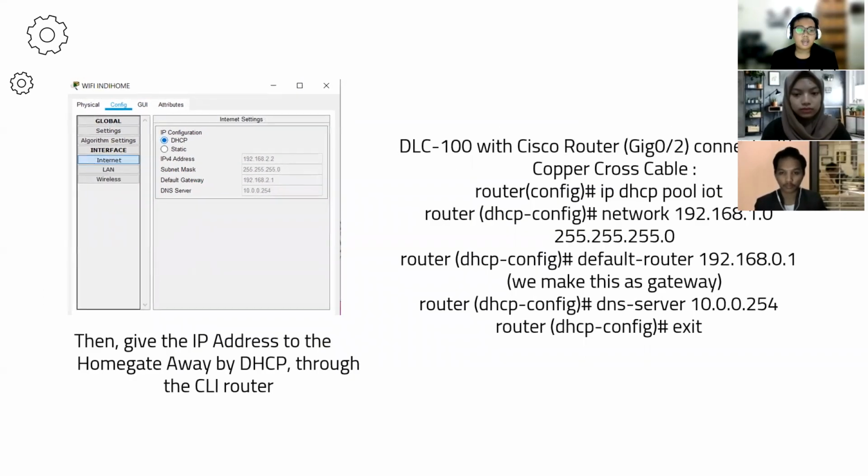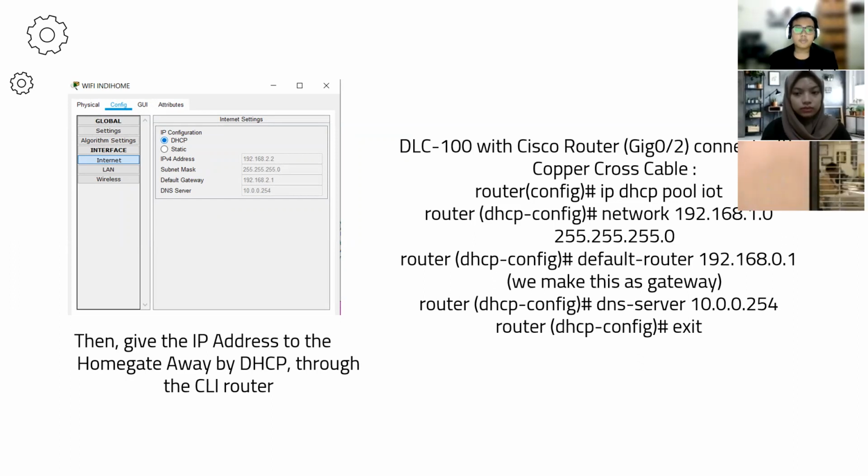And after that, give the IP address to the home gateway by DHCP to the CLI router 2 by typing router config, ip dhcp pool IoT. IoT is our SSID, and then router dhcp config network 192.168.1.0 and 255.255.255.0.